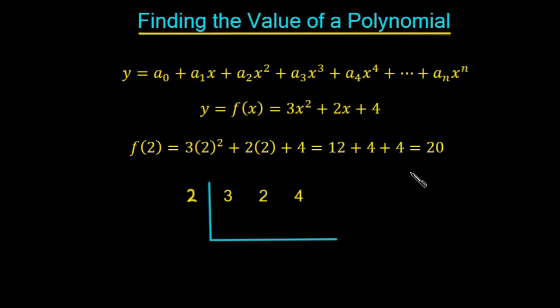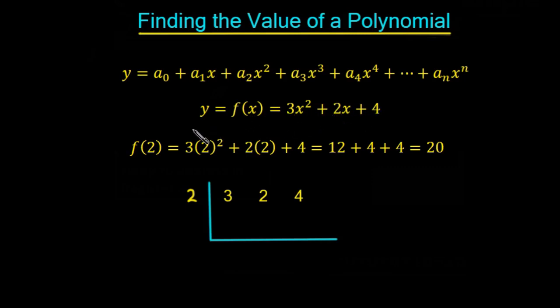Now imagine doing this for a very large equation, so it might be 4x to the 7 plus 3x to the 6 plus 12x to the 5 minus 17x to the 4 and so on and so forth. You could see that we'd have to use a lot of mental arithmetic.